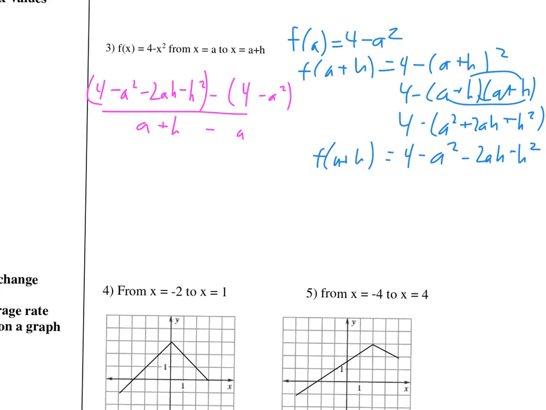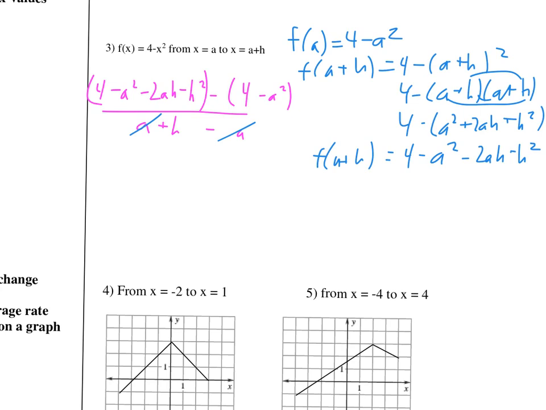Now you can see on the bottom that these a's cancel out, and then that formula right there should look pretty familiar to you. That is actually the difference quotient. So that is where the difference quotient comes from, is we're kind of finding the slope between some imaginary point a and then some other imaginary point, which is a plus h, which is a little bit bigger.